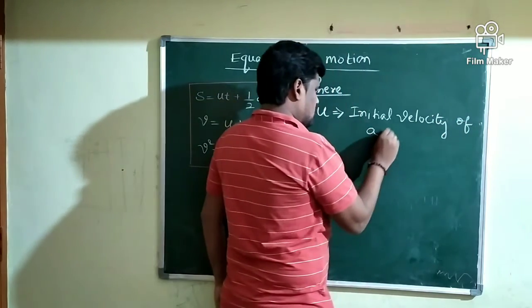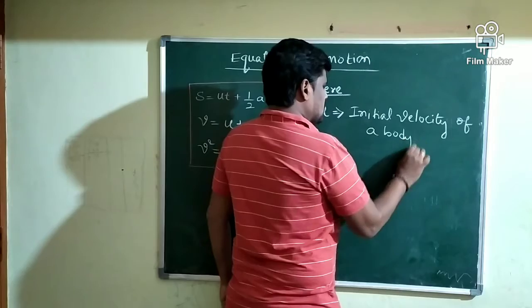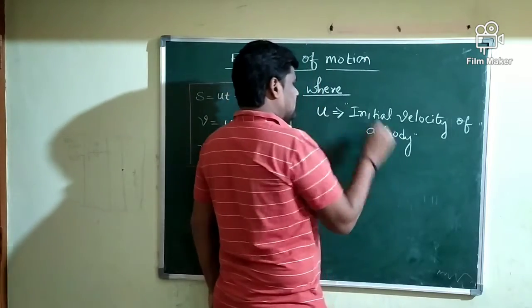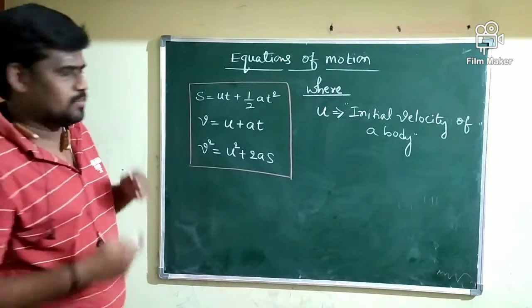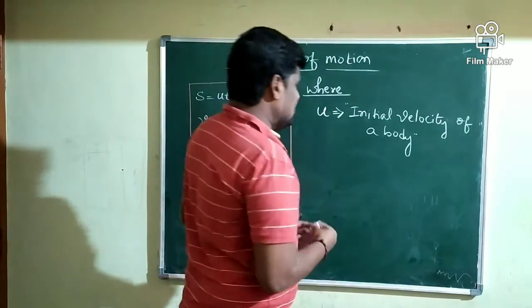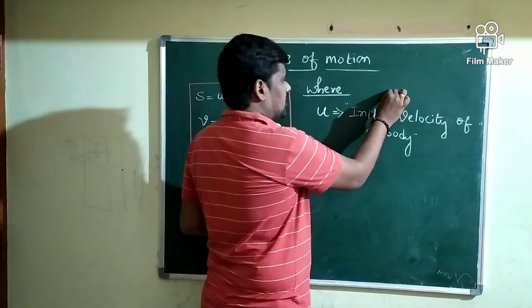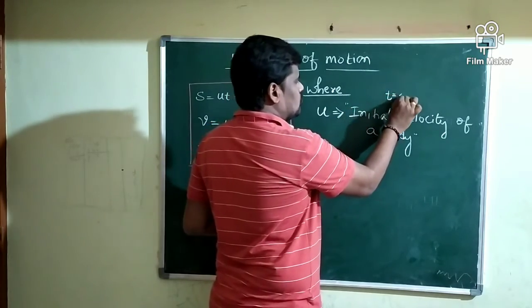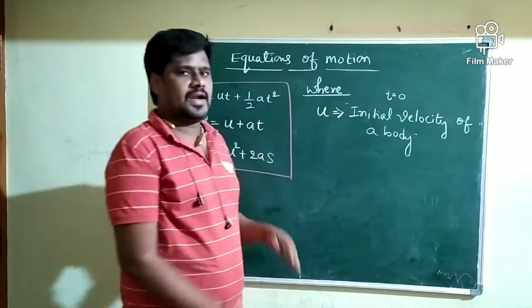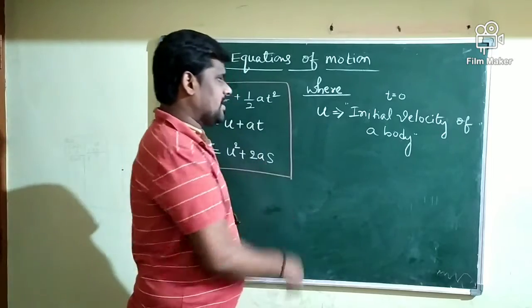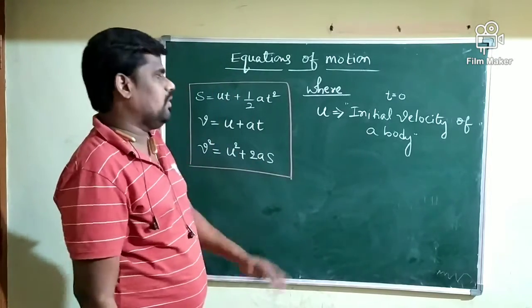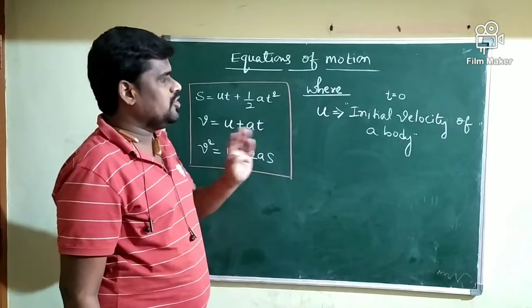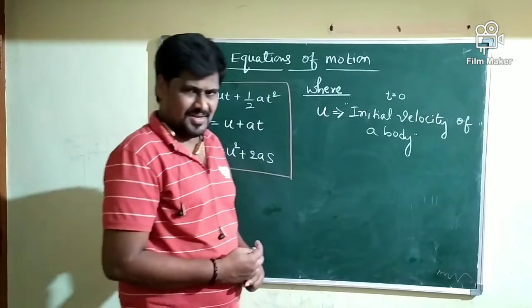In general, the velocity of a body at the beginning of its motion, when the body starts moving, or the velocity of a body at time t is equals to 0 seconds, whatever the velocity of the body is, we call that the initial velocity of a body.